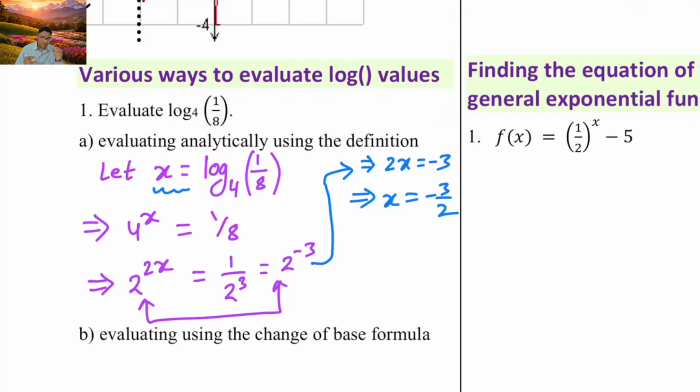By the way, x was the quantity which we wanted to evaluate. So we evaluated this indirectly by solving an equation, using the definition of logarithm to convert from logarithm to exponential and solve it.